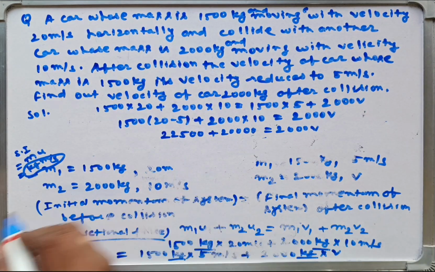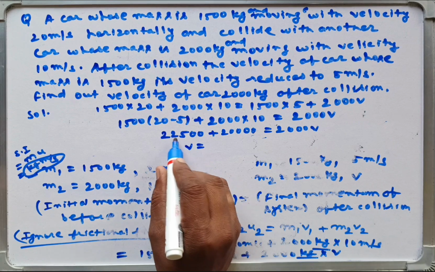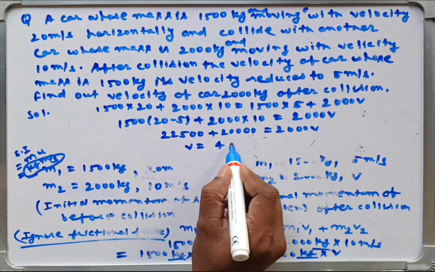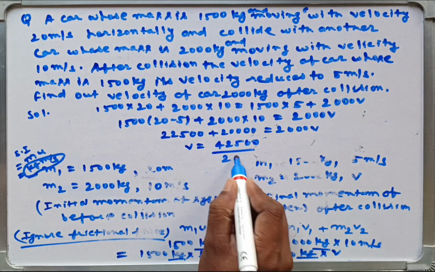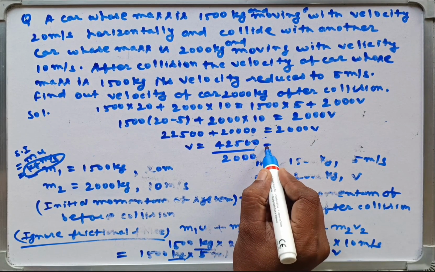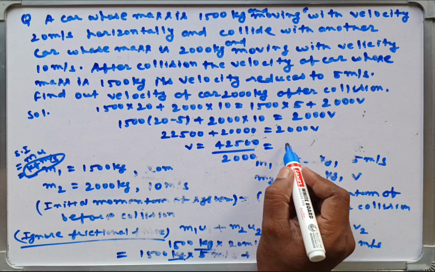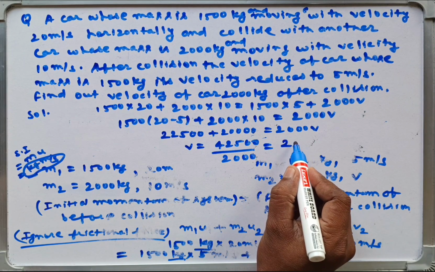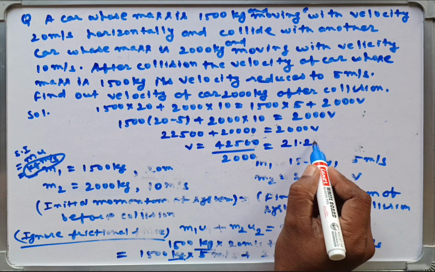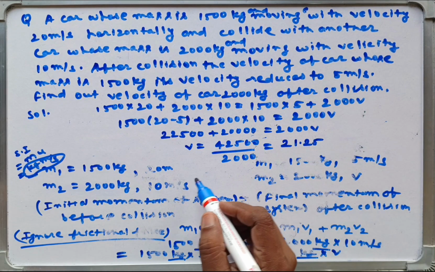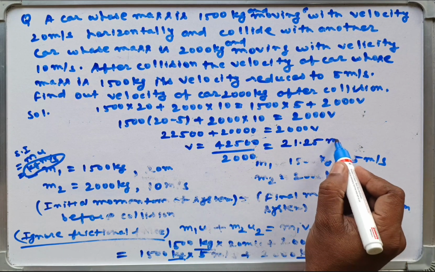Now next we write the sum of these two, 42500 divided by 2000, so v equals 21.25 meter per second.